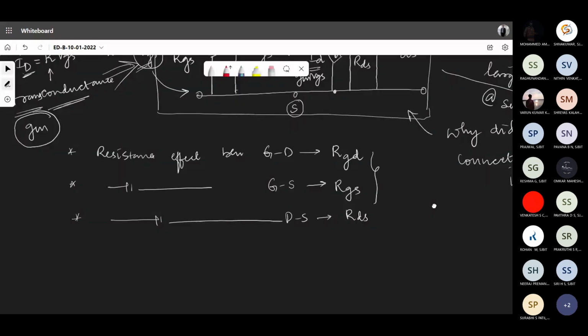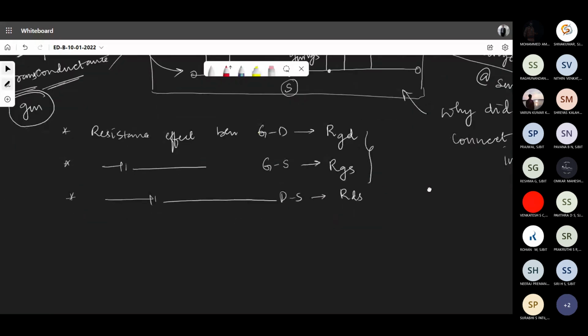If you are referring to the textbook, do you know which textbook you have to refer to? You will not get this in Bell's treatment. For module 4, you should refer to Neamen and Biswas. Write it properly. Neamen and Biswas.